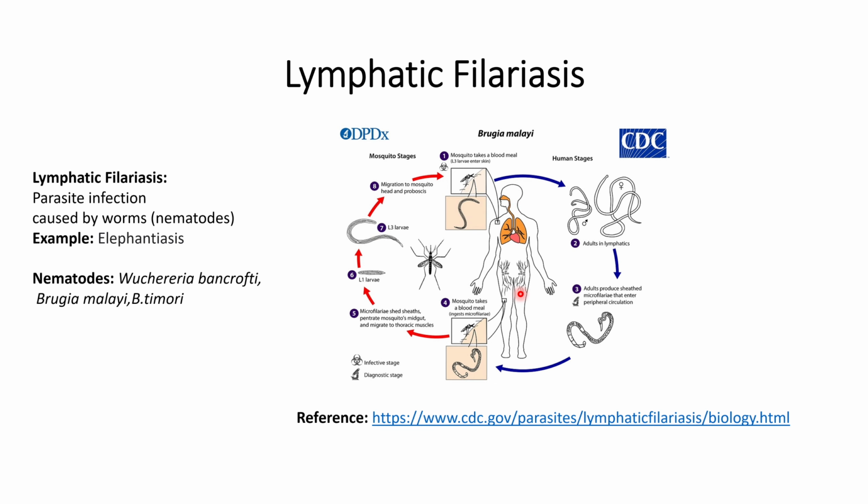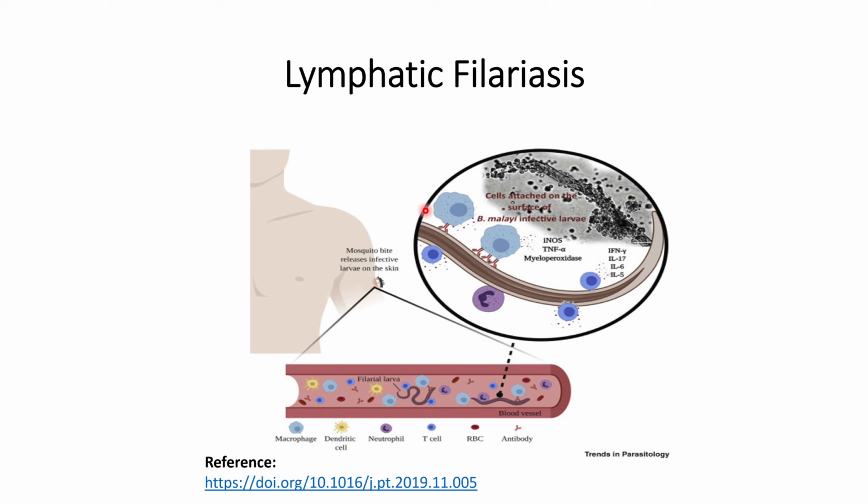In the next slide, we will see that some human beings are immune to lymphatic filariasis. Those human beings are usually found in regions where this disease is endemic. What has been found in those humans is that antibodies against lymphatic filariasis are present.